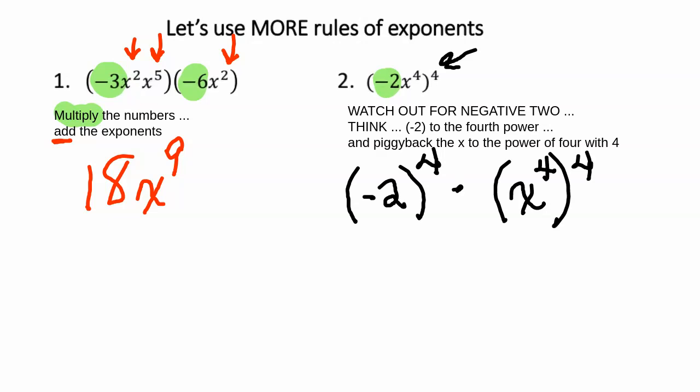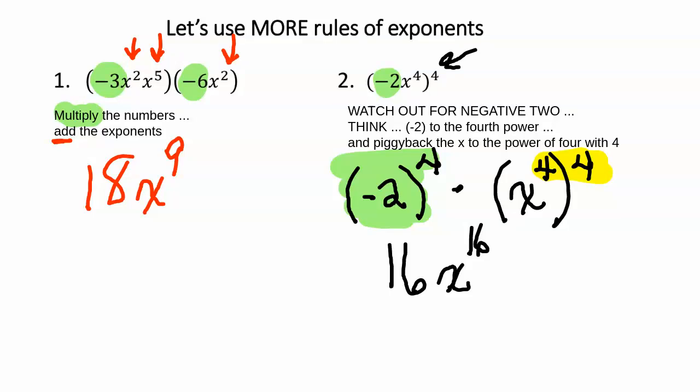Well, got to remember what this means. -2 times -2 times -2 times -2 is going to give me a +16 x to the 16. Piggyback rule. These two go together. Okay.